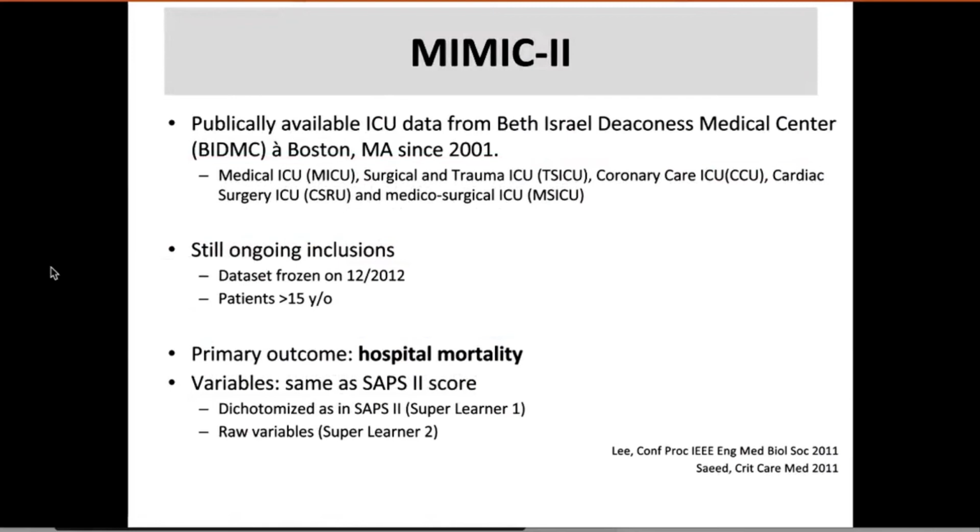So we used some data that are made publicly available by Harvard. Those data are called MIMIC2 data. I'm sure most of you already know about this data. And again, we used the same predictors as the ones used in the SAPS2 score to model ICU mortality.